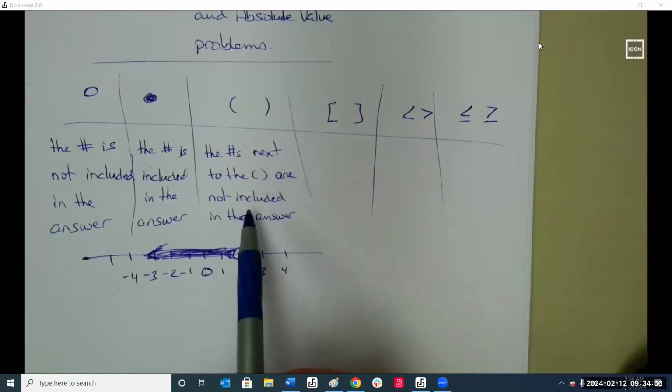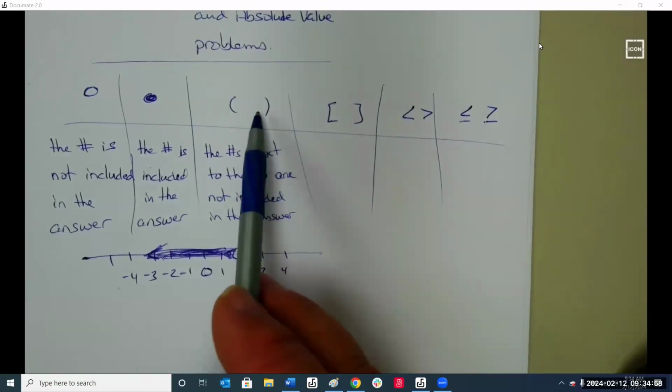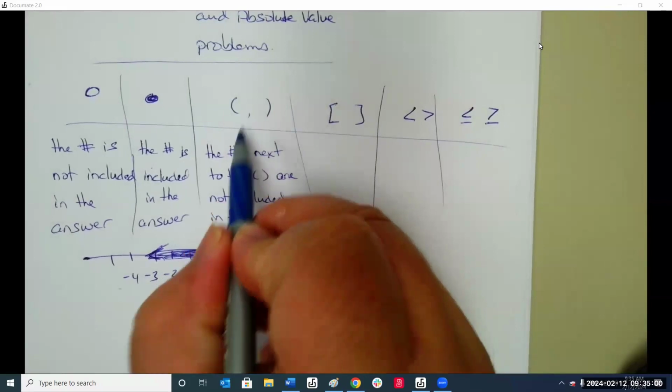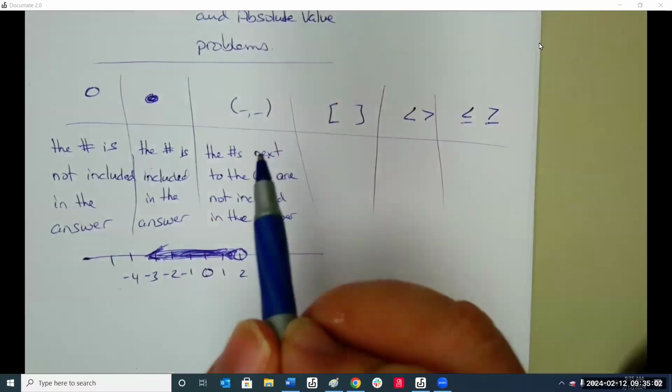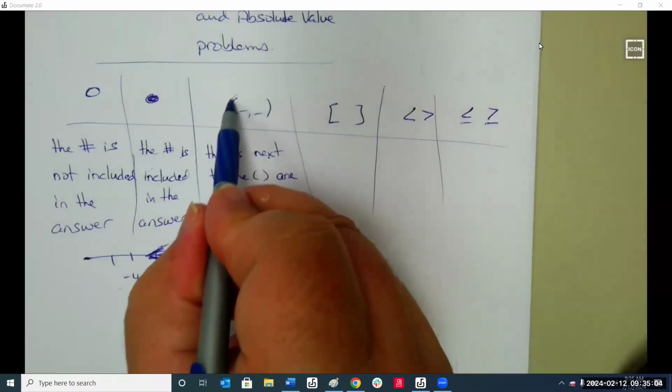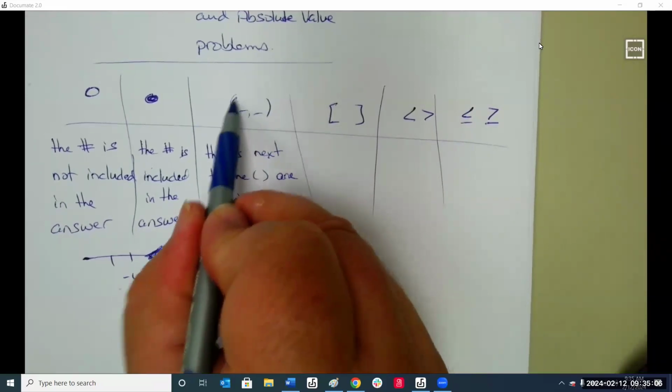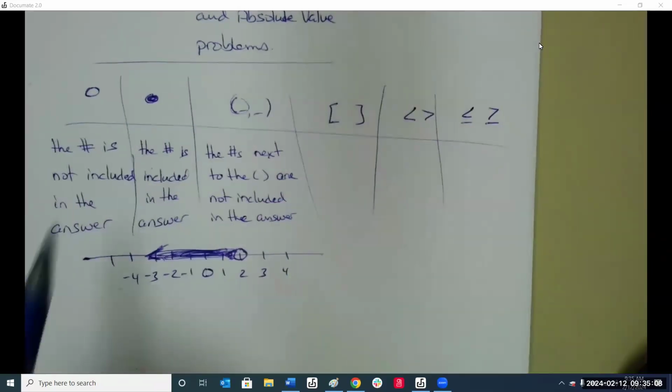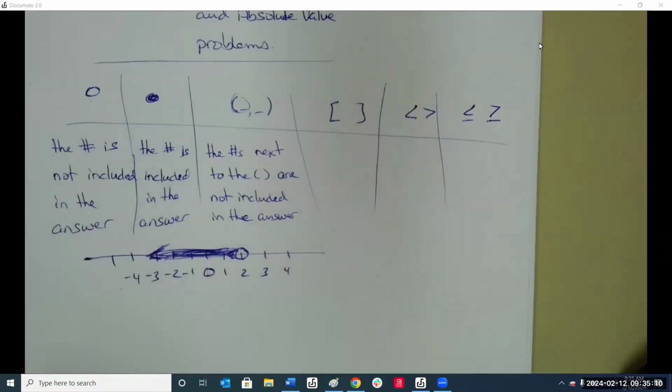So if it's a parenthesis, remember, it's going to have two numbers. You're going to have a number here and a number here. So if the number has a parenthesis next to it, that means that number cannot be used in the answer. It goes infinitely close to it, but it's not used.